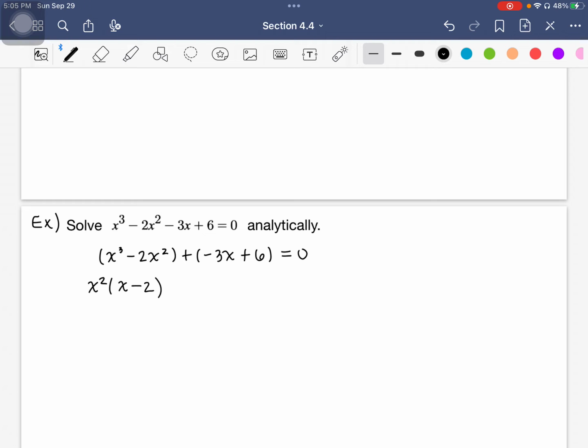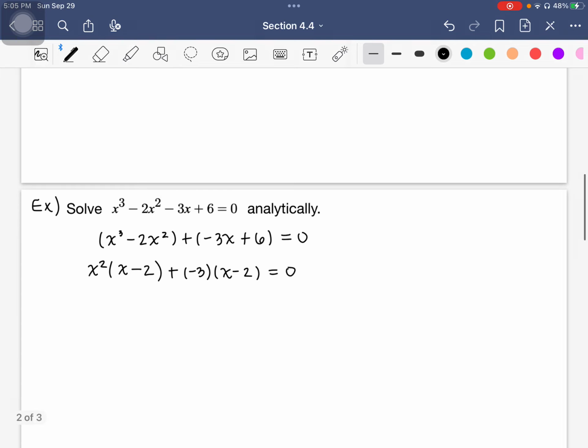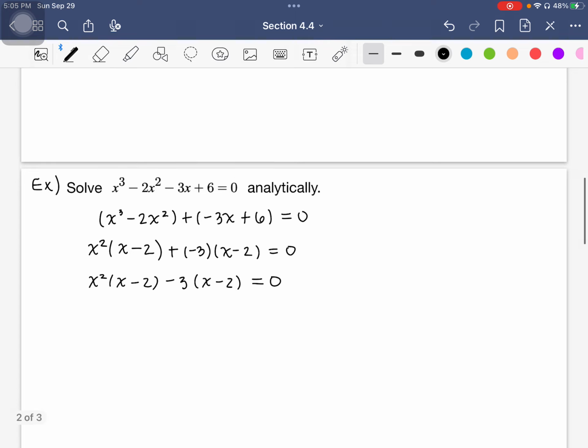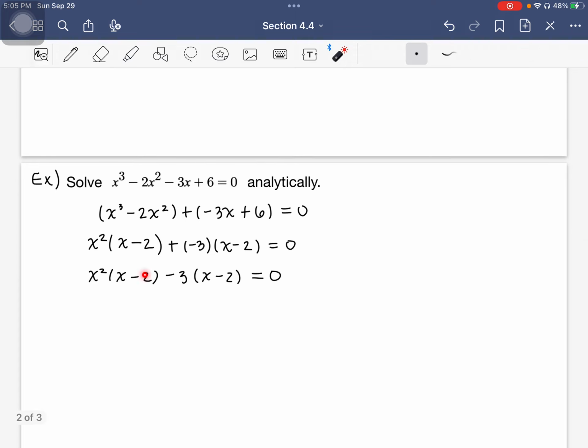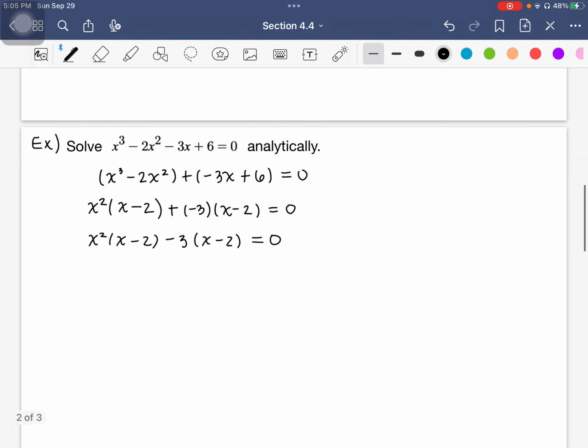We'll get x squared times x minus 2 on the left, plus pulling out a minus 3, we'll get x minus 2 on the right here. So this is going to be the same as x squared times x minus 2 minus 3 times x minus 2. And then notice that both of these terms have an x minus 2 in them, so we can pull that out.